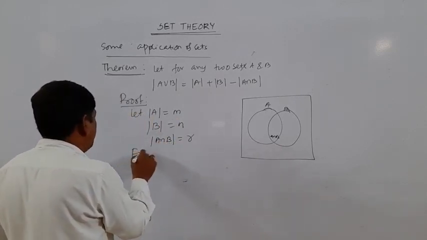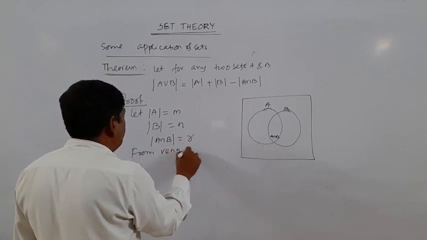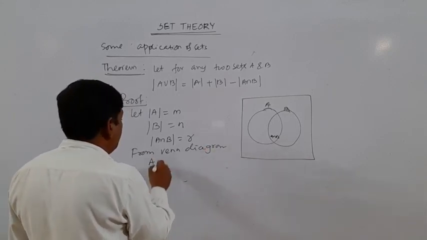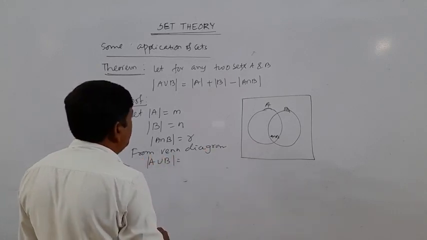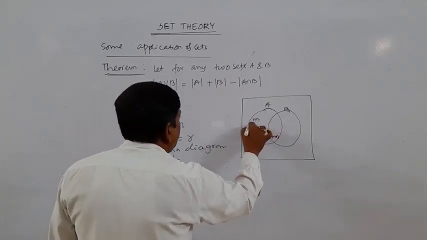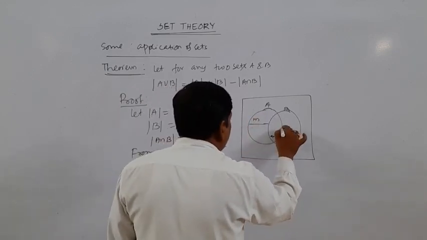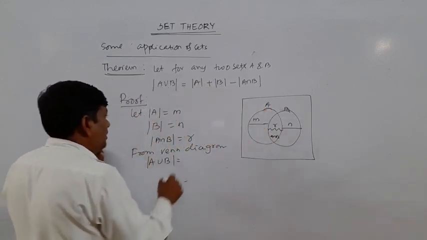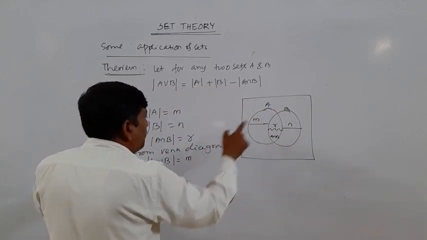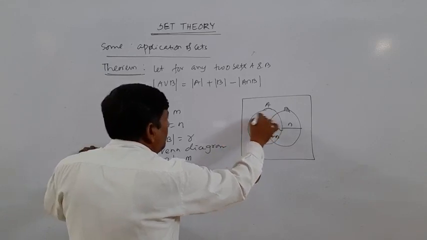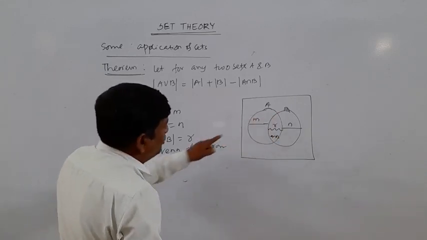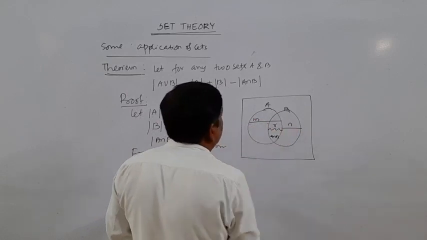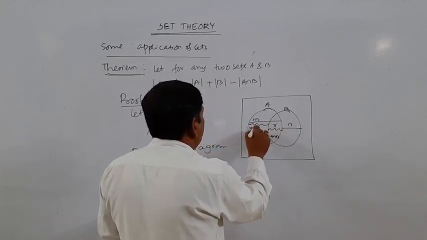From the Venn diagram we can write the cardinality of A union B. The total of A is m, which includes the common region r, so the region only in A is m minus r.